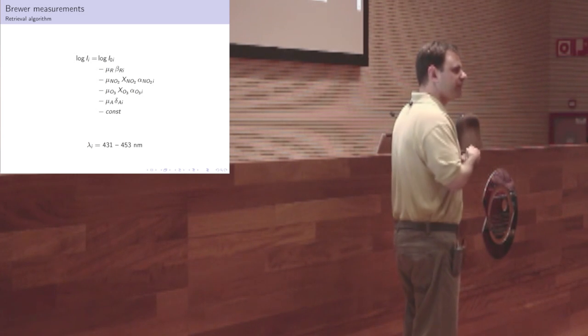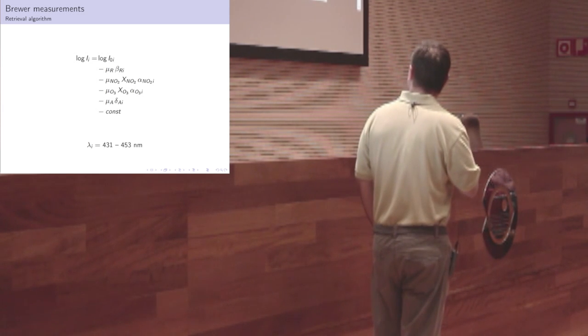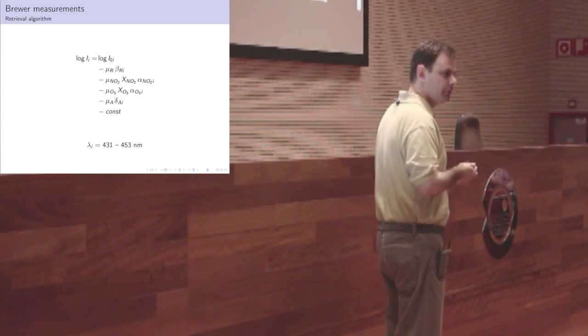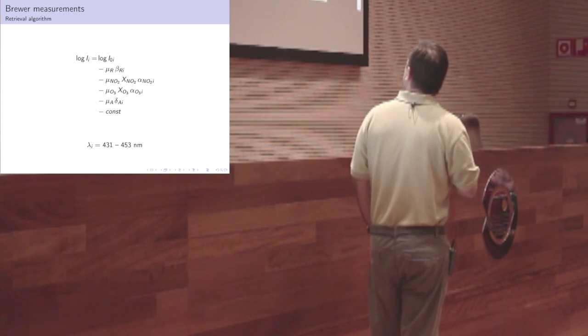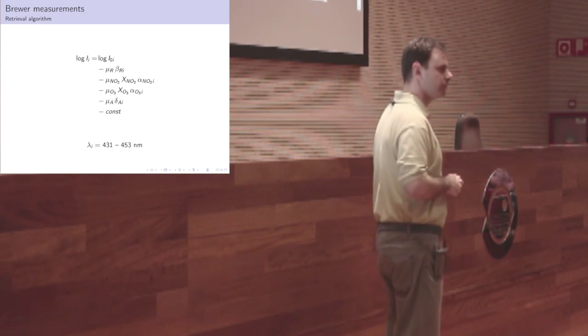The algorithm is very similar to the one for ozone. You have Rayleigh, NO2 absorption, ozone absorption, aerosol extinction, and a constant term, and you find some weightings to cancel out the contribution by the Rayleigh scattering, the ozone absorption, aerosol, and a constant term.